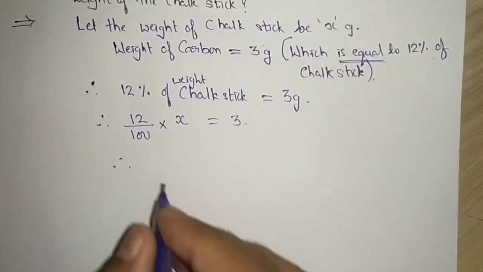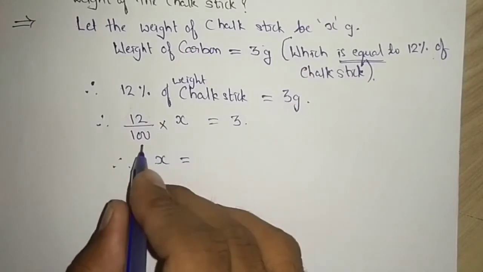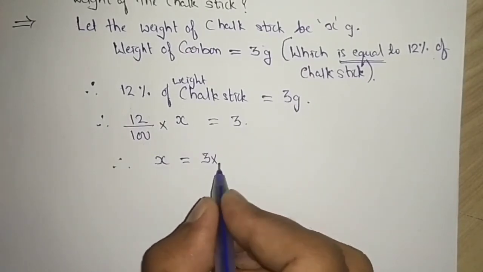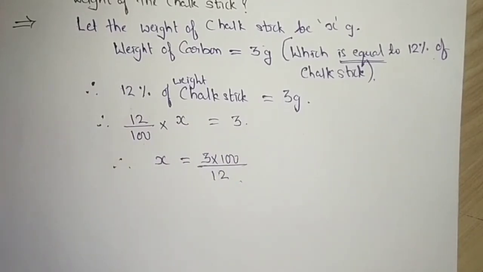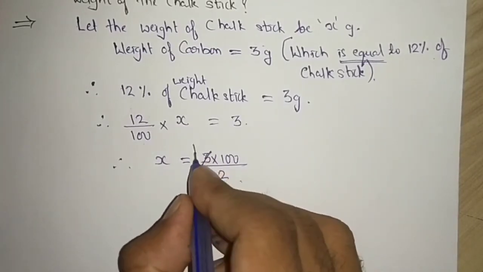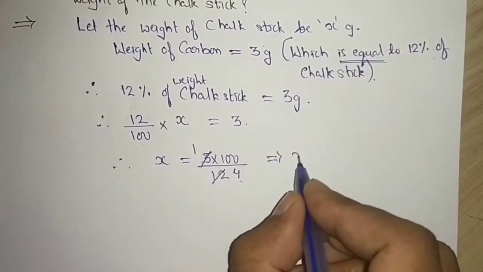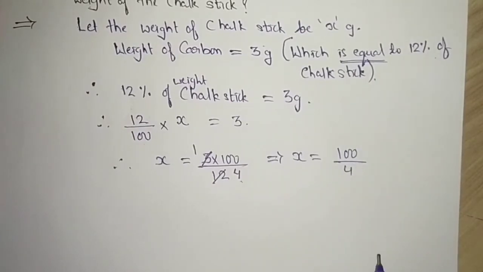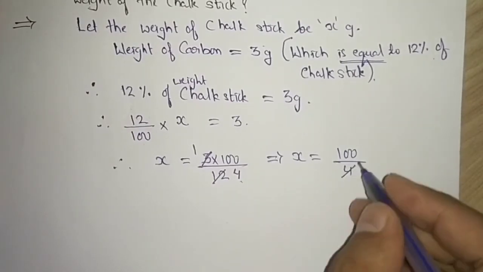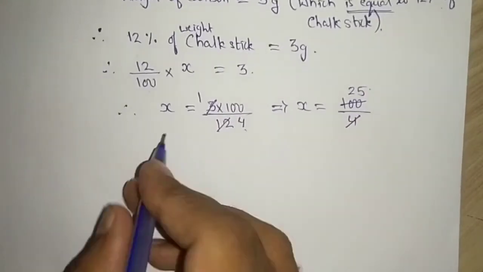Now we will solve for x. We will keep x as it is. We will multiply 100 with 3 and divide it by 12. 3 ones are 3 and 3 fours are 12. That implies x is equal to 100 divided by 4, and if I further calculate, 4 twenty-fives are 100.